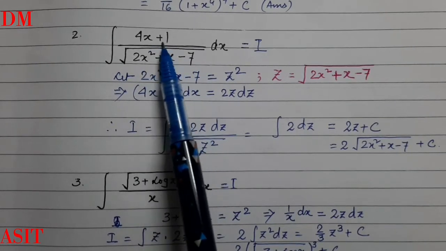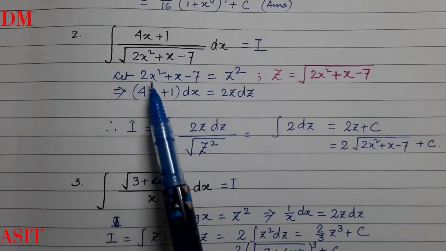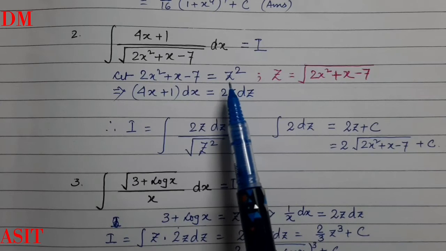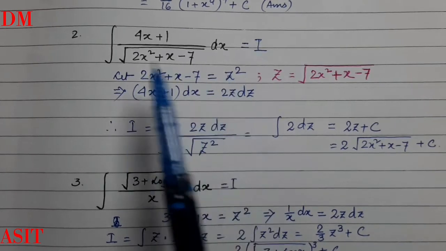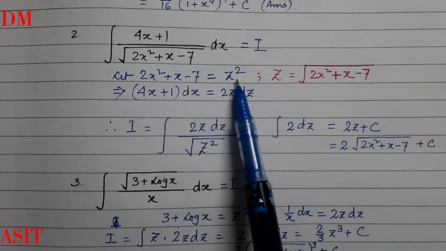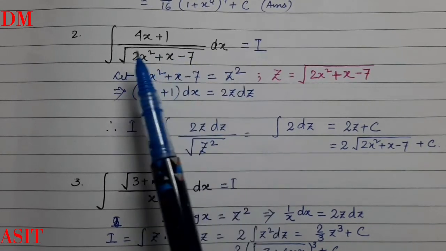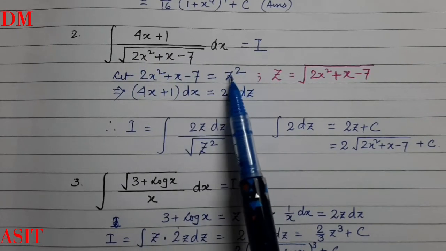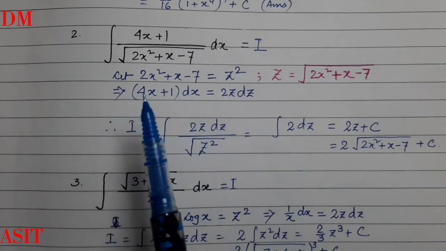So 4x plus 1 is already there. So we consider 2x square plus x minus 7 as, you can consider here z also, but since there is a square root, to avoid this I put z square, so that after putting z square here, it will be z. You can take z also, no problem.